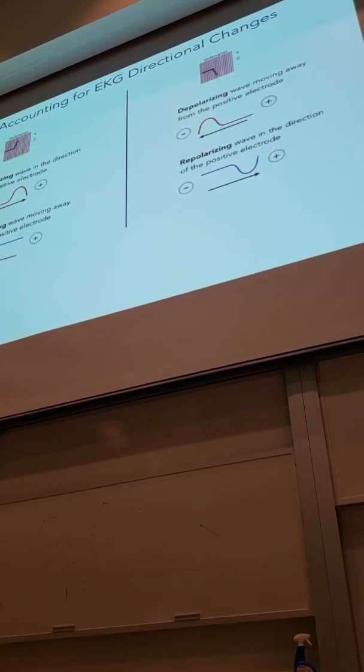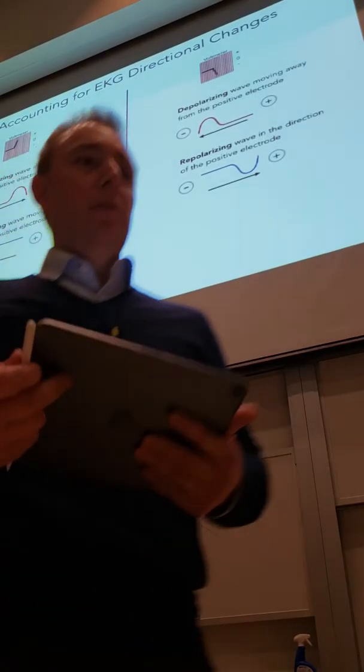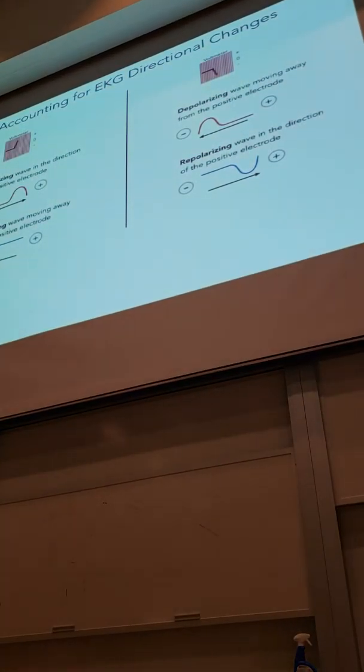And what's going to give us a negative change, or a negative EKG, is if we have a depolarization headed away from that positive electrode, or a repolarizing wave heading towards it. Okay? So, commit this to memory. This will help you understand EKG. This is sort of the nuts and bolts of understanding why a wave is positive or negative.